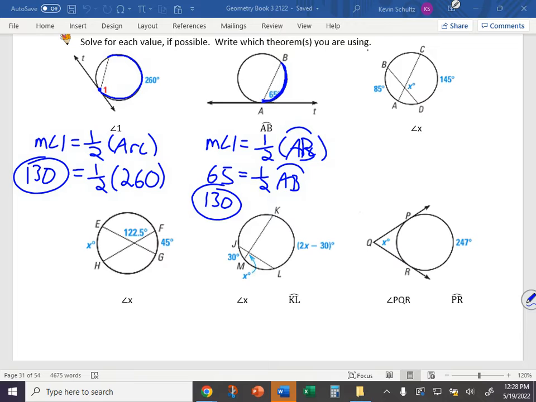The next one, take a look at where your vertex is. On the circle, inside the circle, outside the circle. Our vertex is inside the circle. So we know that we are working with that chord combo. You look back at the formula for the chord, and it says that angle 1 is equal to 1/2 the sum of the associated arcs. In this case, for angle X, the associated arcs are the arc that it creates, which is arc CD, and the arc its vertical angle creates, which is arc BA.